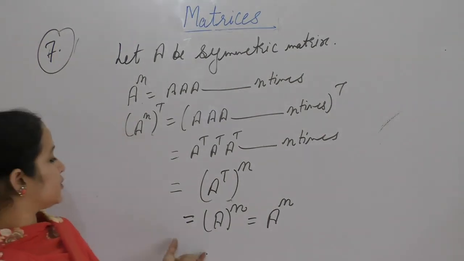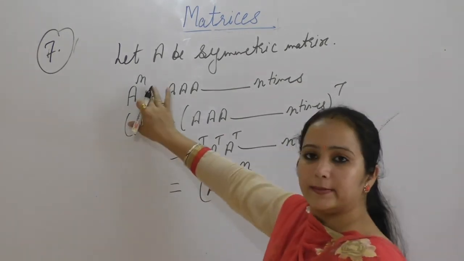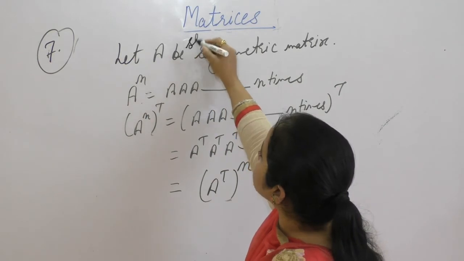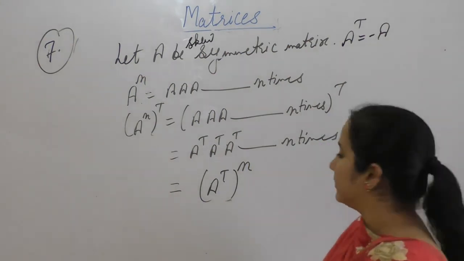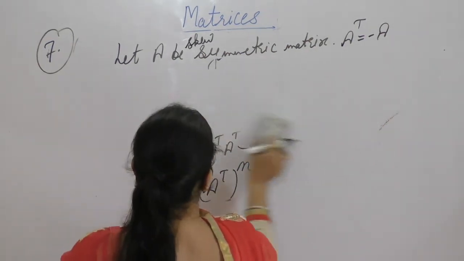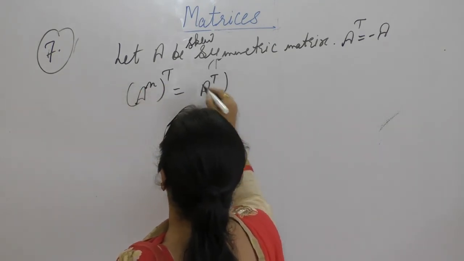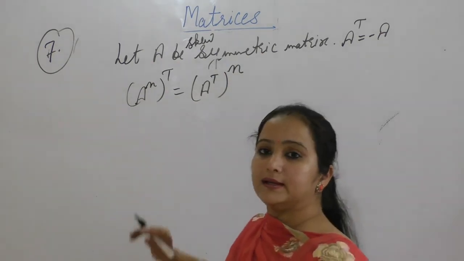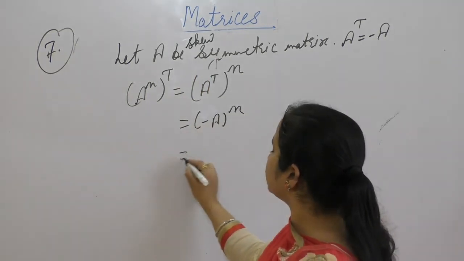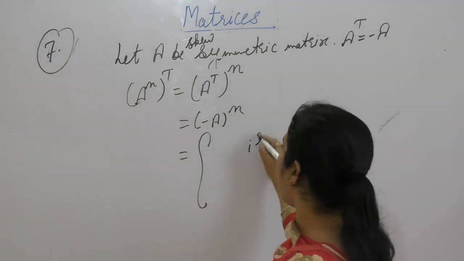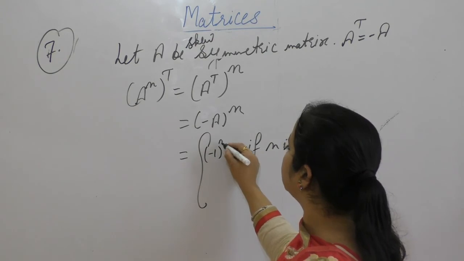For this we have to solve this question. A transpose, n power, any integral power. Here, this is a skew symmetric matrix. Then A transpose is equal to minus A. Now we know that A^n transpose is equal to A transpose to the power n. Since A is skew symmetric, A transpose is equal to minus A. If n is odd, it is minus 1 to the power n times A^n.